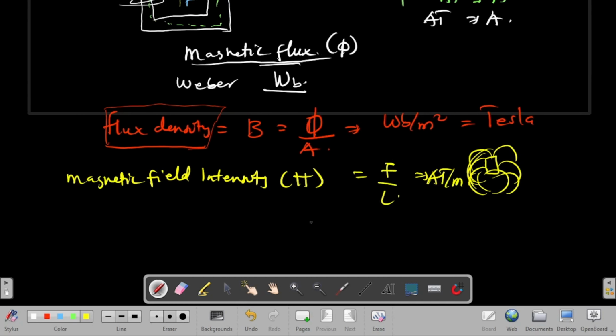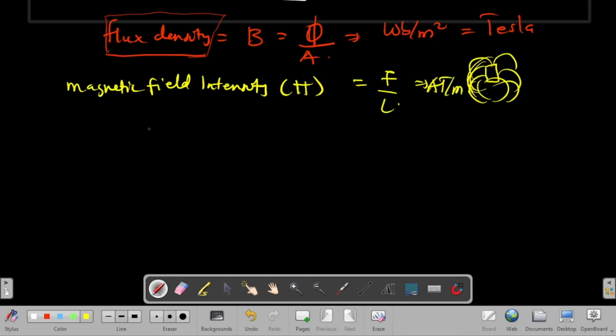Now let's go to one beautiful thing here too. Since we have done B and H, we have what we call the BH curves, B to H curves. This gives us the relationship between magnetic flux density, B, and the magnetic field intensity, H. What is the relationship between these two?